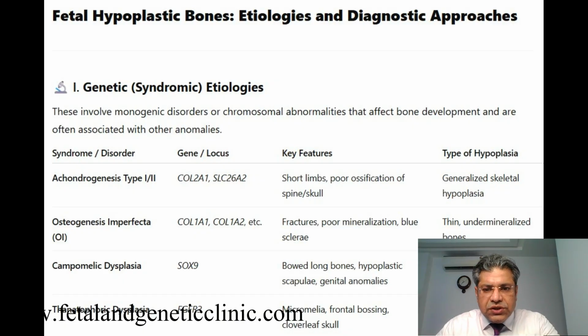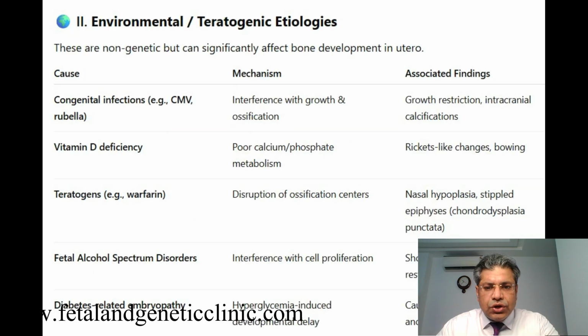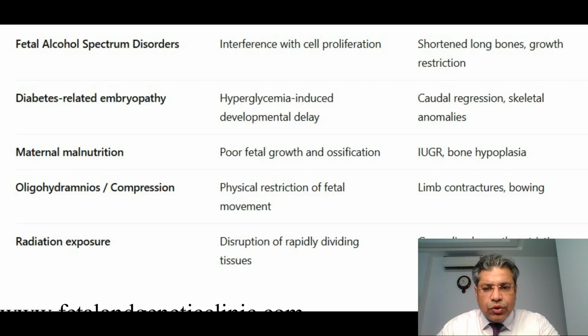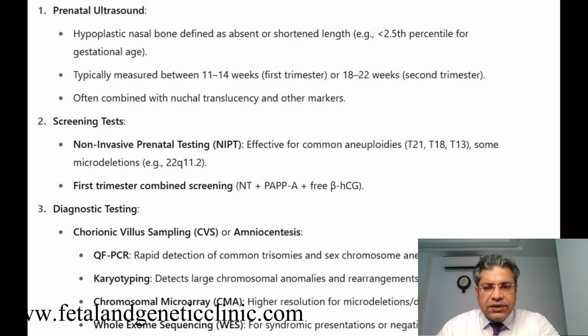So this is the etiology for hypoplastic nasal bone, starting from skeletal dysplasias. We can have environmental influences also, starting from infection, and then fetal alcohol syndrome, and then chromosomal defects in which we can have microdeletions.